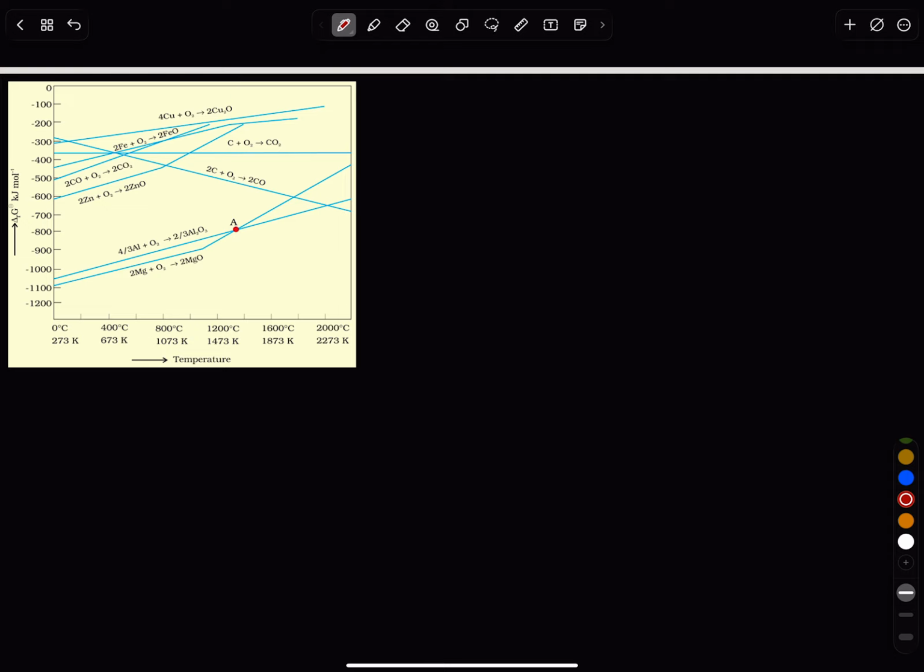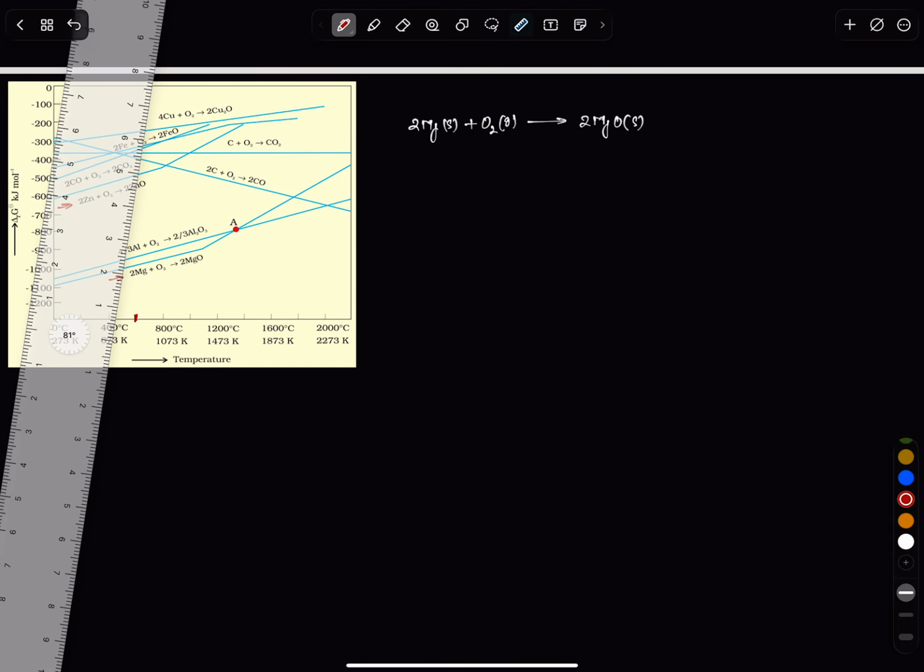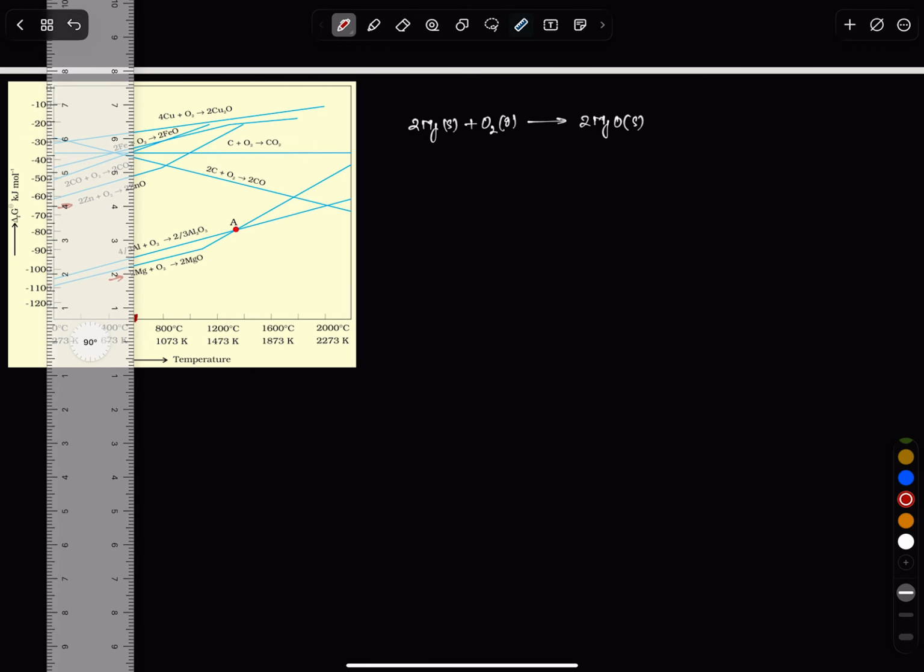Again, I am taking these two reactions. First I'm writing 2 Mg solid plus O2 gas, giving 2 MgO solid, and let's take some temperature, say 500 degrees Celsius.